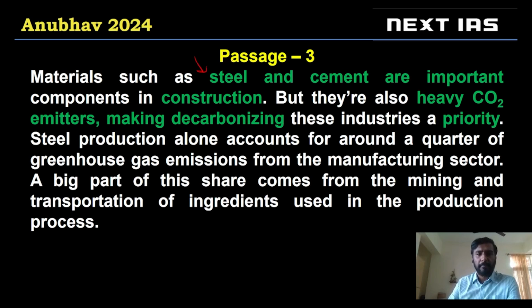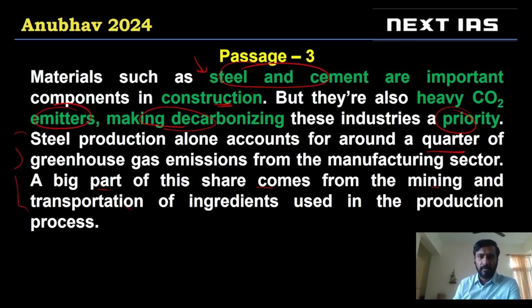Now, this is talking about the impact of steel and cement. They are important for construction, but they are also heavy emitters, right? So decarbonizing of these industries is a priority. Then we are told the degree of impact, a quarter of greenhouse emissions, a big part of the share comes from mining and transportation, etc. Right?